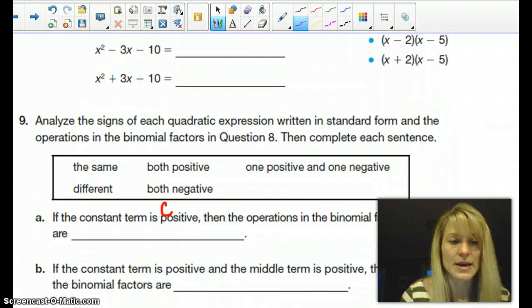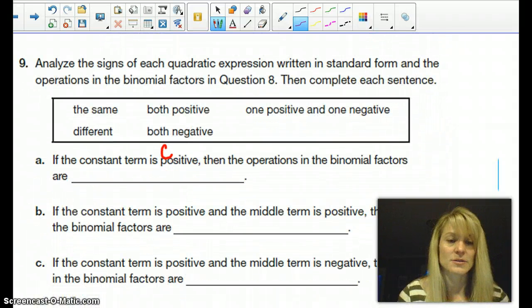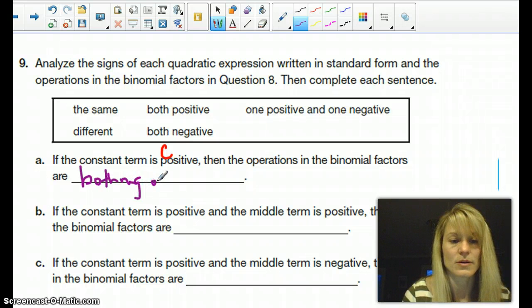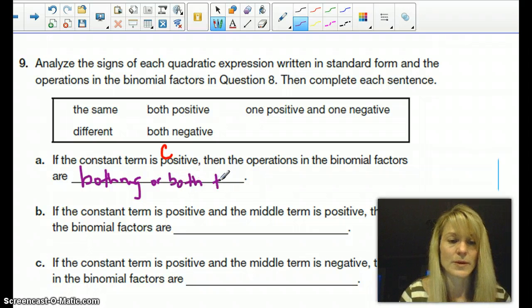So if the constant term C is positive, then the operations in the binomial factors can be both negative or both positive, right? So we would write both negative, or both positive. Right.